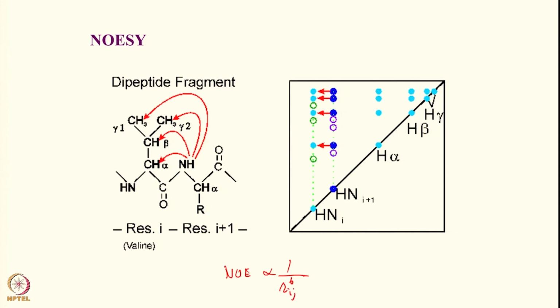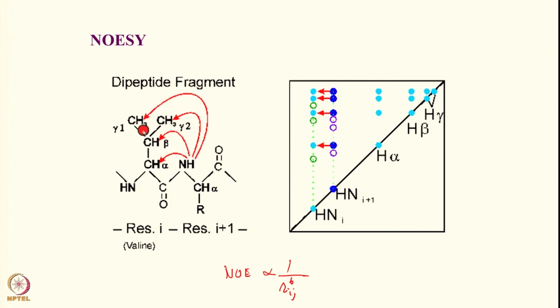So wherever the distance is small, you expect to see a cross peak, that is indicated here. So if you see here, this is a short distance from one residue to the previous residue's alpha proton, and the amide proton to the beta proton of the previous residue, and also from the amide proton to the CH3 protons of the previous residue.